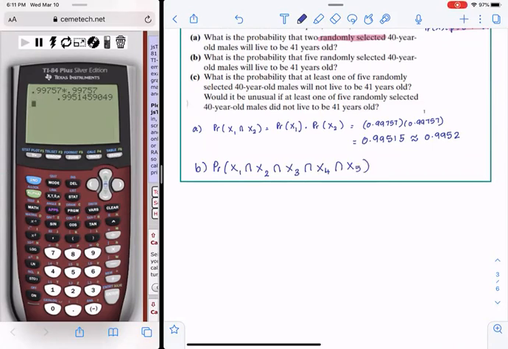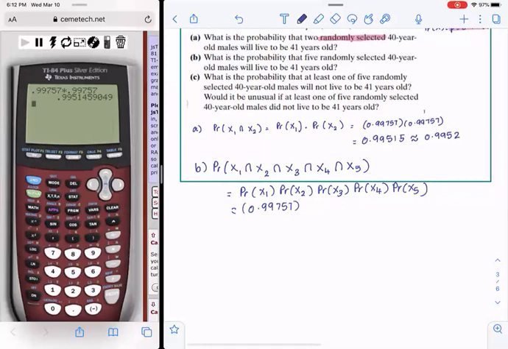All of them, all 40-year-old males will live to be 41 years old. So since they're all independent, we could do the same thing that we did in the previous problem. So the first one does, the second one does, and the third, and the fourth, and the fifth one.